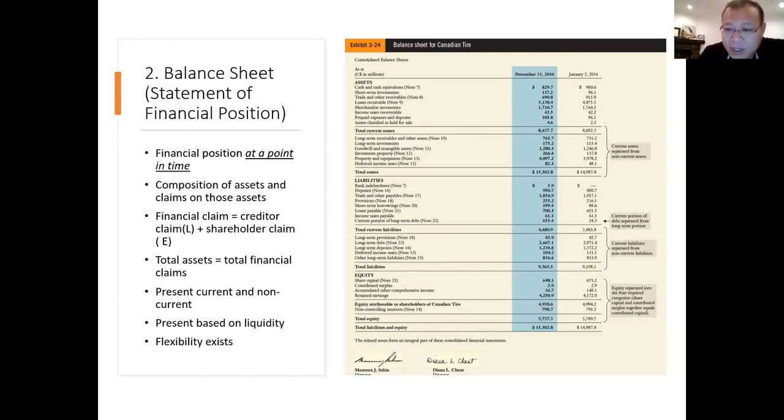So make sure you separate the current portion of your long-term liability. For certain liabilities, you may have a current portion versus a long-term portion. And of course, the current liabilities will be listed separately from the long-term liabilities.